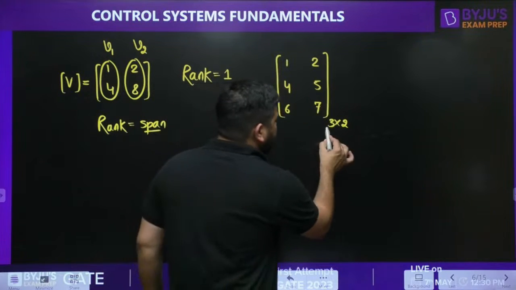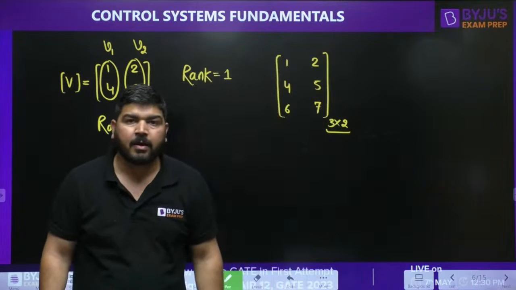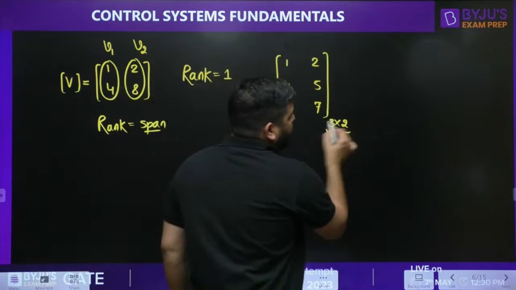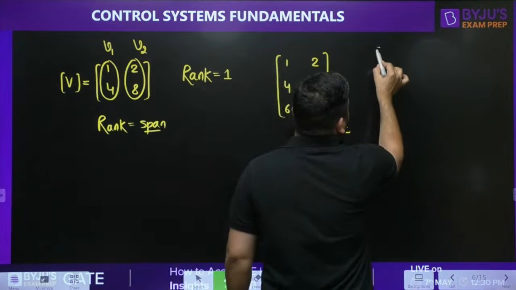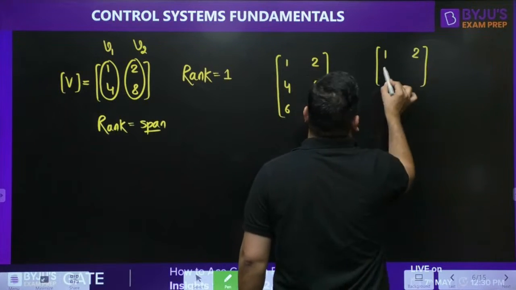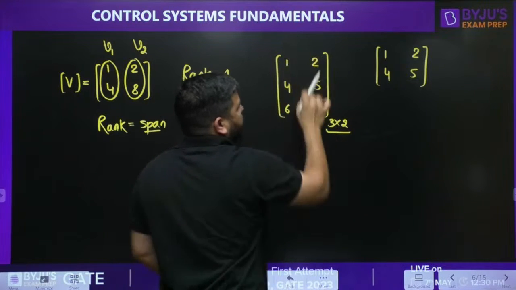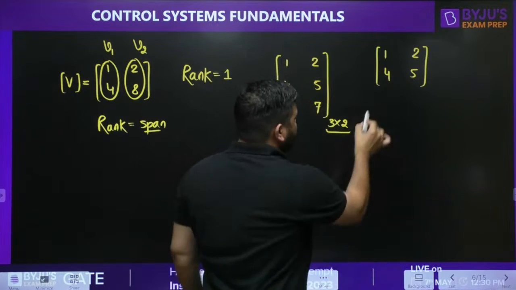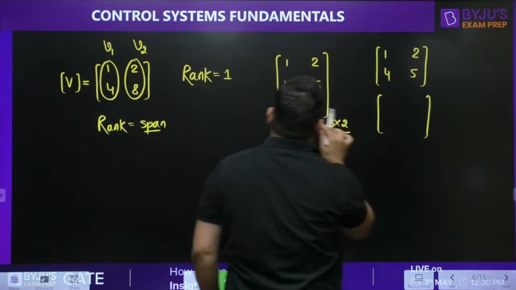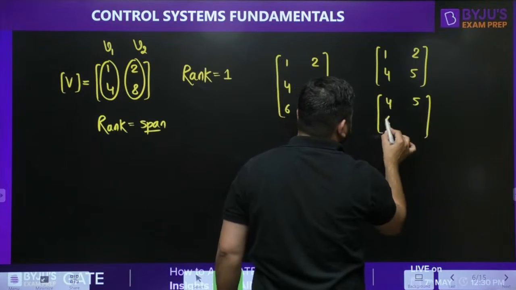So you have to break this matrix into 2 by 2 matrices. It's a 3 by 2 matrix, so you can have many 2 by 2 matrices like this: 1, 2, 4, 5. Now you can also capture this matrix: 4, 5, 6, 7.